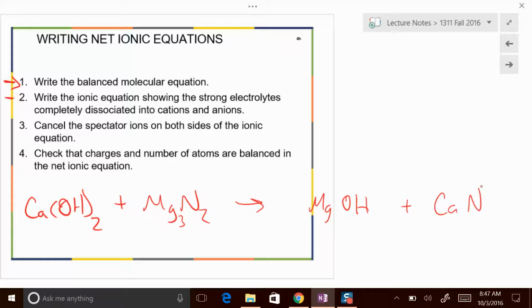But I have to be able to write them correctly. I can't just write it like this. That's not their formulas. What are the formulas for magnesium hydroxide and calcium nitride? Hydroxide, OH, has a -1 charge.